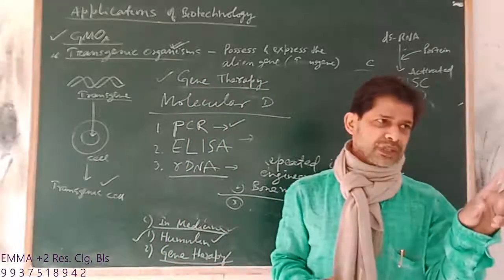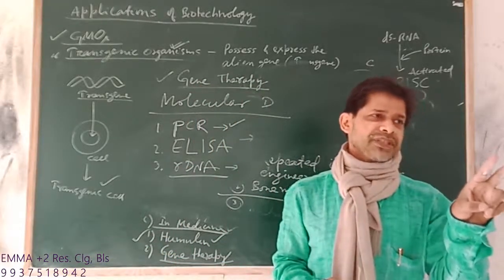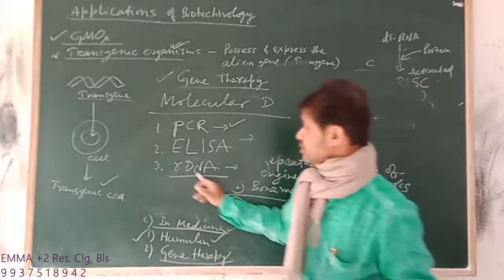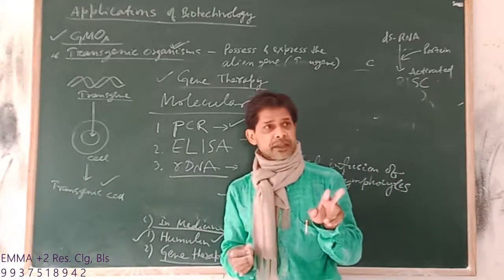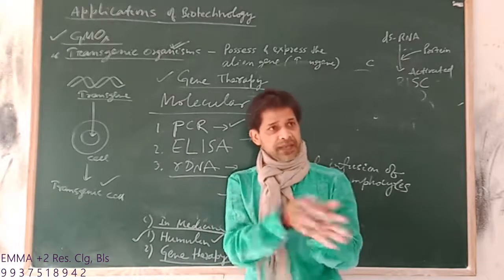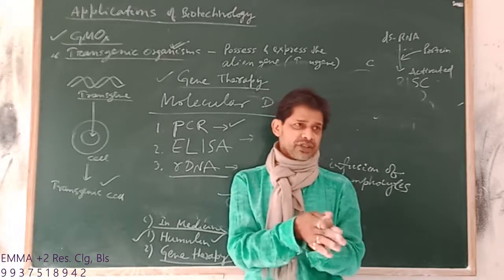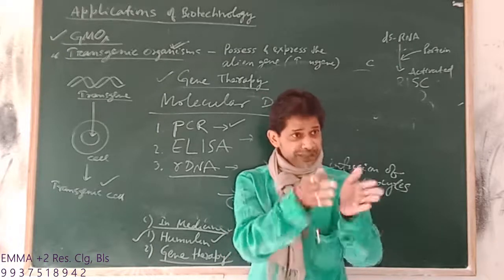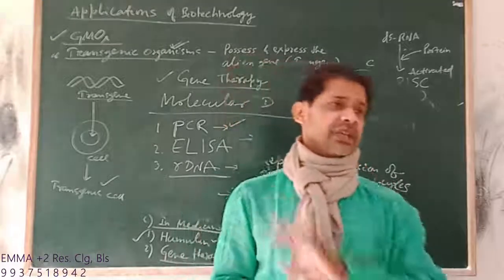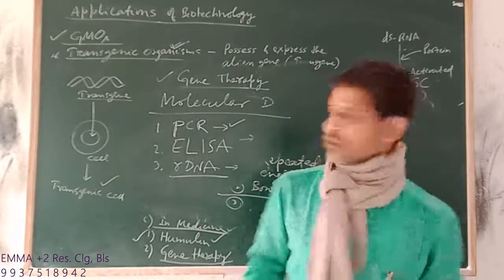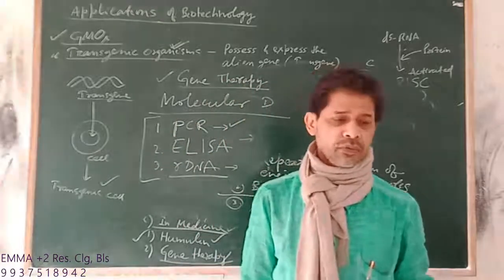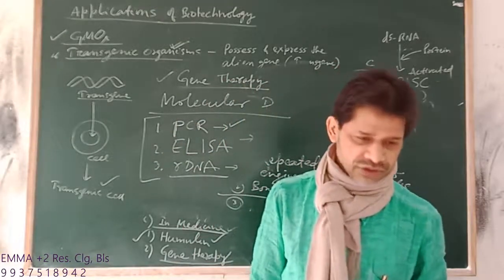If a gene is mutated, suppose a cancer patient, we want to know which gene is mutated. We can use this recombinant DNA, and by the Southern blotting technique, if hybridization is not taking place, we can diagnose that gene mutation is taking place. That's why this is used in cancer. So these are the three commonly used techniques of molecular diagnosis.